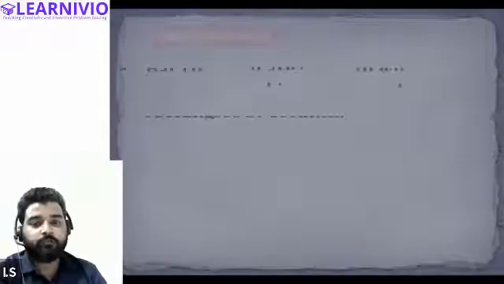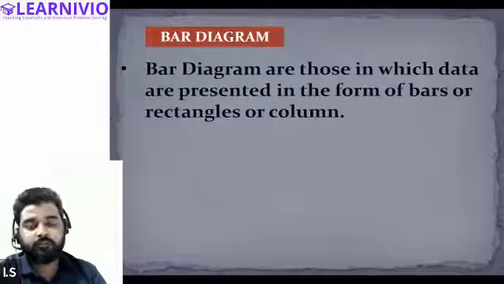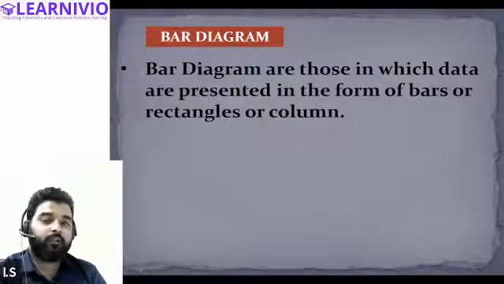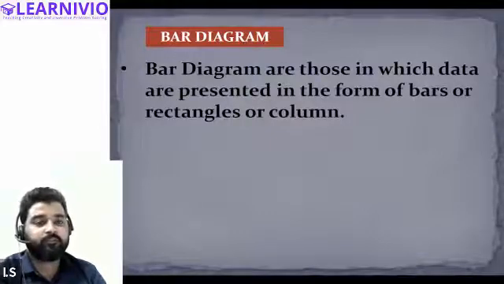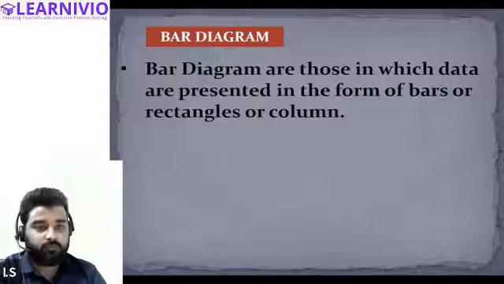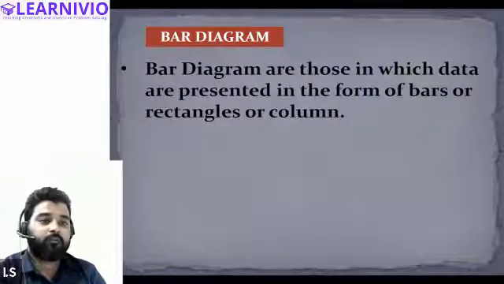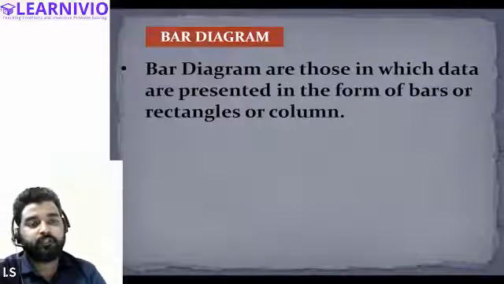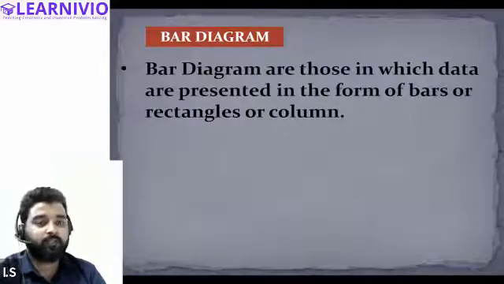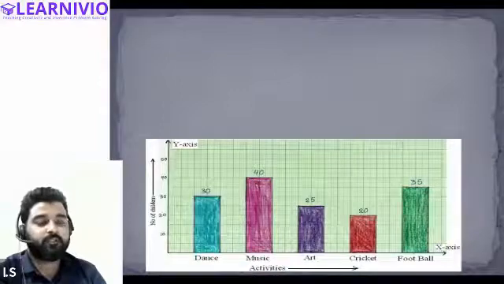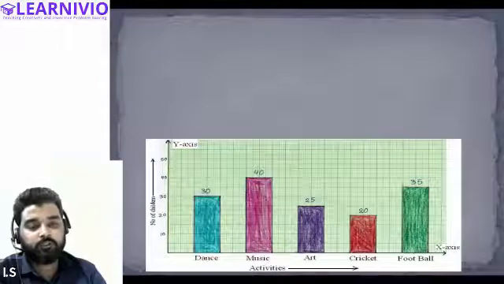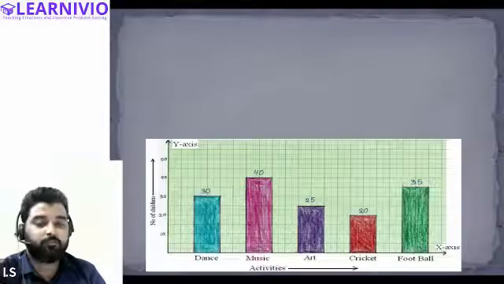All right. So in the previous class, we were discussing the bars. In the bar diagram, I have explained that it is a form of diagrammatic representation wherein the data is presented in the form of rectangular bars. These rectangular bars are collectively called a bar diagram.